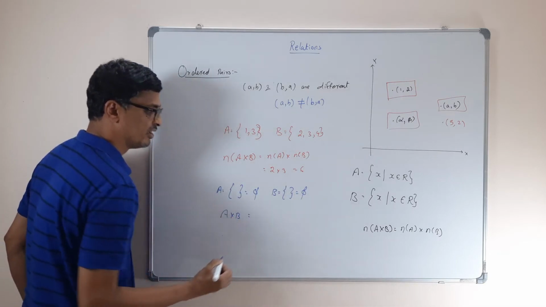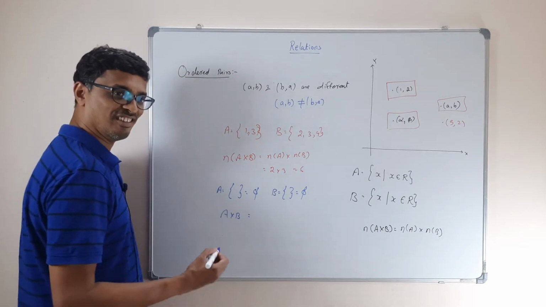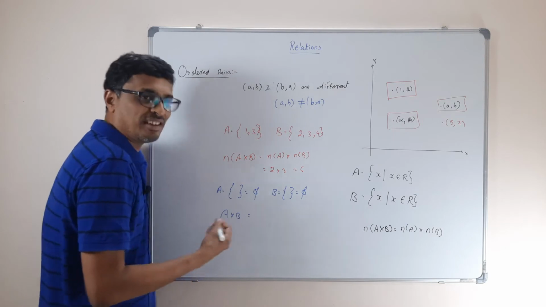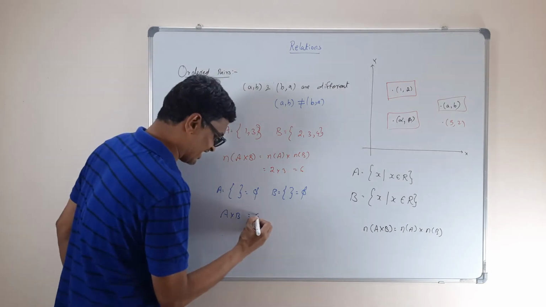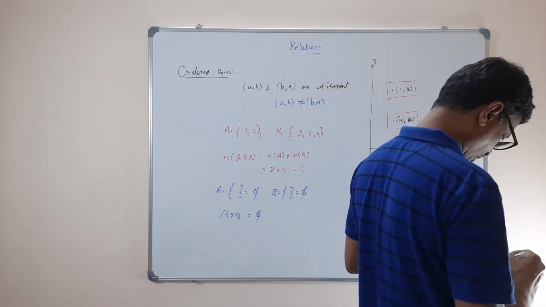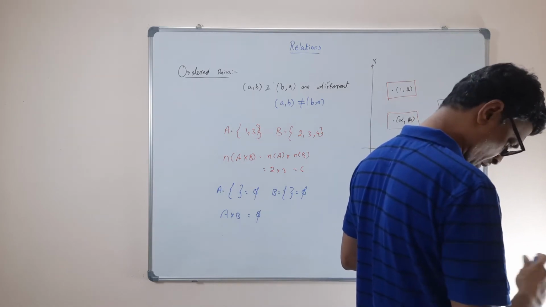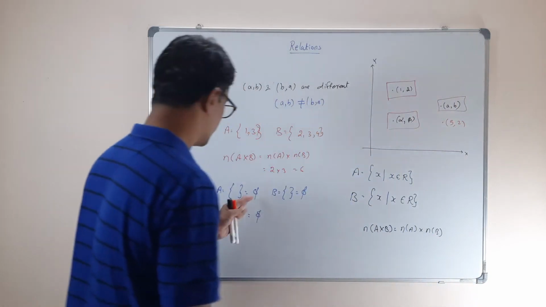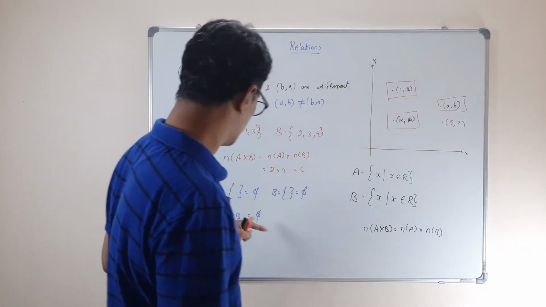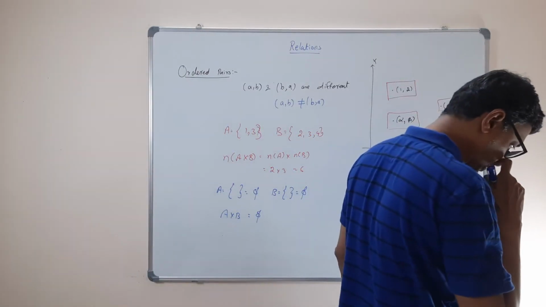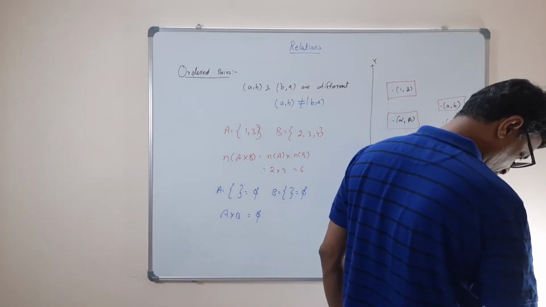A cross B will be the null set, so n of A cross B is 0. The number of elements in the null set is 0. How would it become 1?